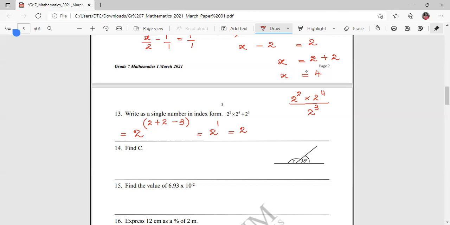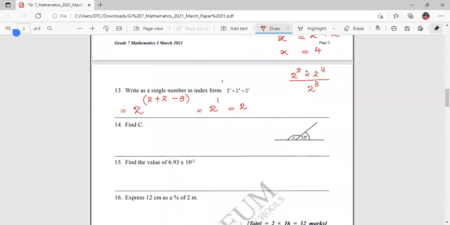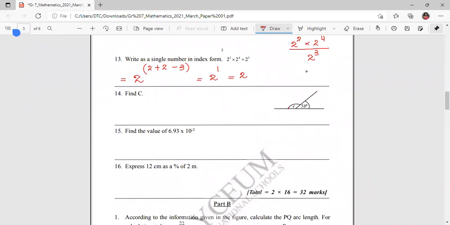Then question number 14, we want to find C, and what is the concept or the rule behind this, children? You can write C plus 58 degrees equal to 180 degrees, and inside the bracket you write the reason, angles on a straight line. You don't need to write that angles on a straight line add up to 180, because we have already shown the adding up with the numbers, right?